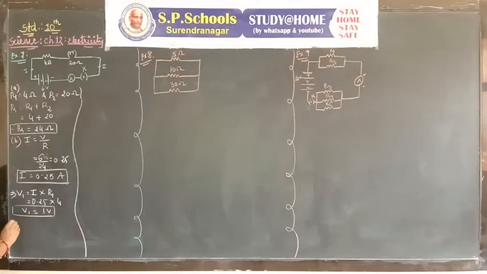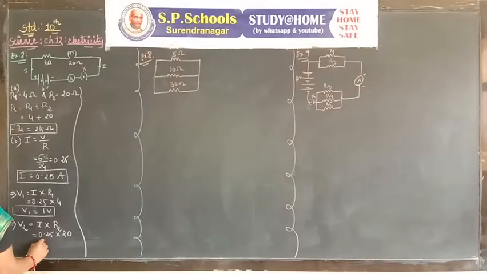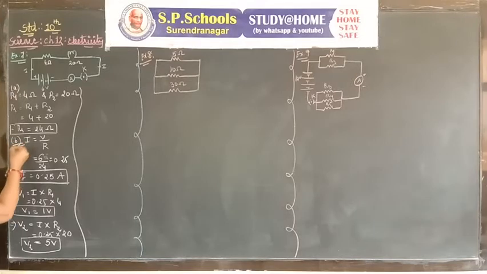Then we find V2, which is equal to I into R2. I is 0.25, R2 is 20. If we multiply 0.25 with 20, we get 5. So we found V1 and V2, the potential differences between the two ends.